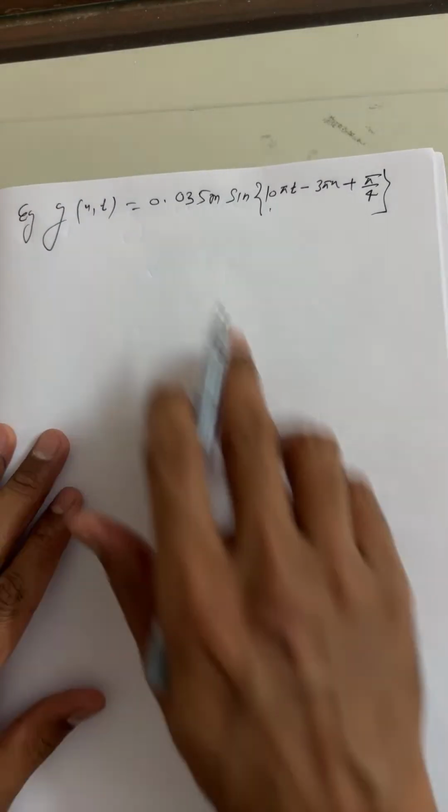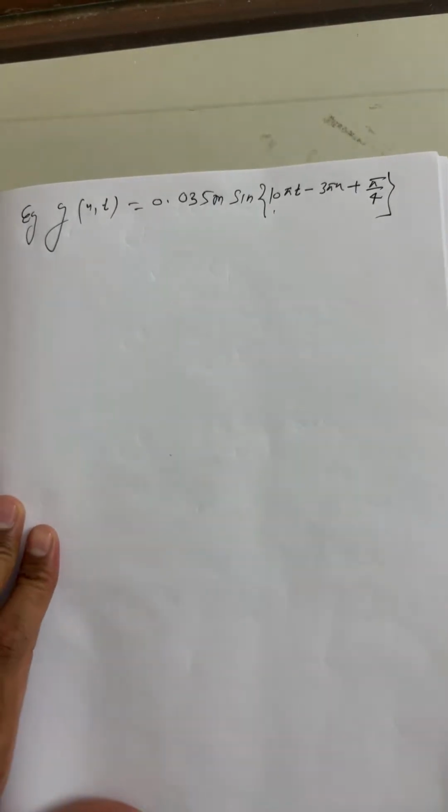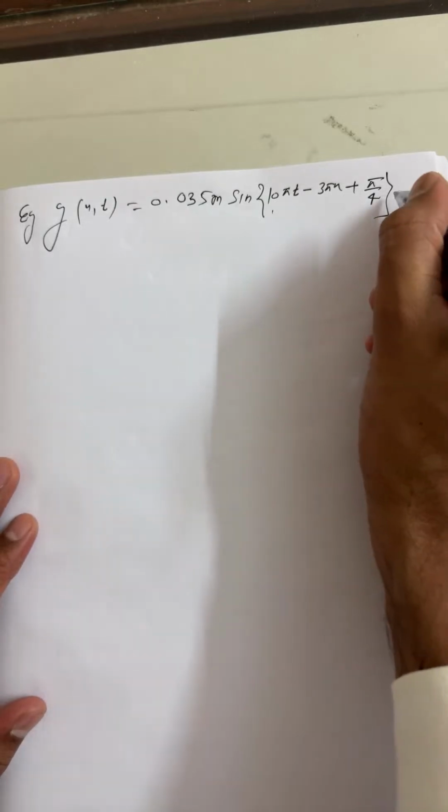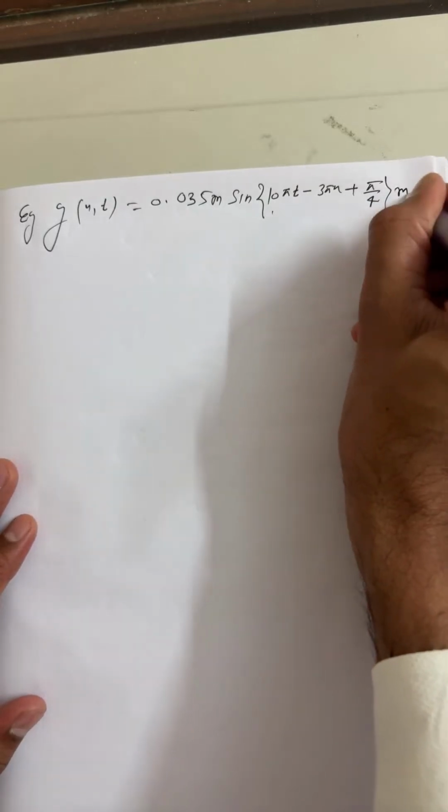So I can take this as the initial equation: y equals 0.035 sin of (10 pi t minus 3 pi x plus pi by 4). Here I'm considering pi by 4 as the initial phase. In this equation, y is in meter.